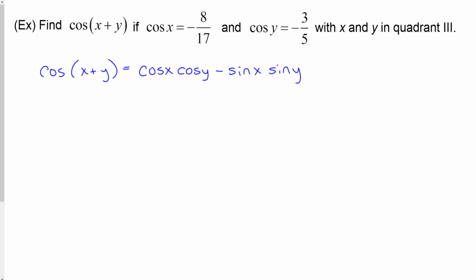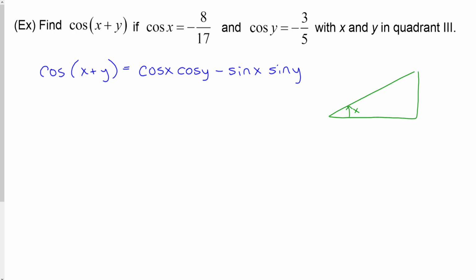I'm going to come off to the side and just do a little bit of right triangle trigonometry. So I'll say this is angle measure x. And I know that the cosine of x is negative 8 over 17.